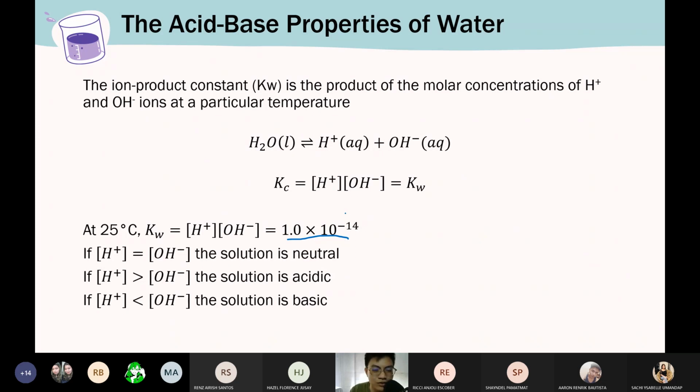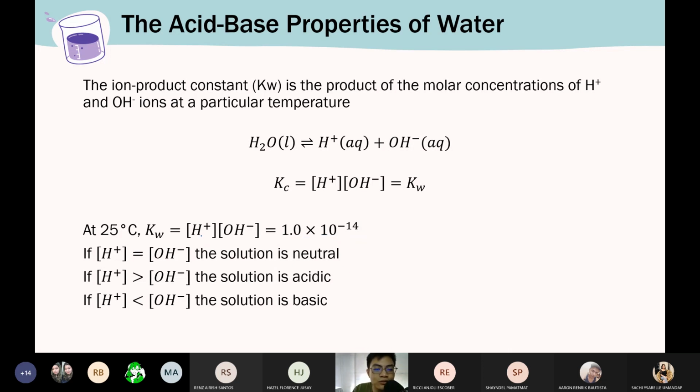Okay? So yun. And the product of H and OH concentration is 1 times 10 raised to negative 14. Since this is specific for water, so ito sa water lang talaga siya. So yung Kc natin, ginawa natin Kw, or the ion product constant of water, or K water. Ngayon, what's the implication?